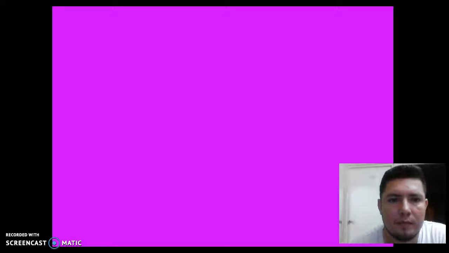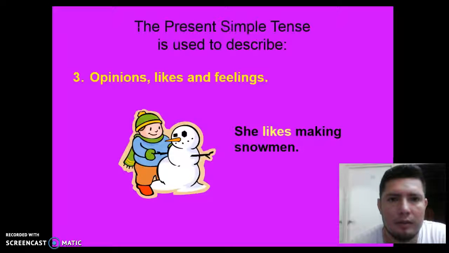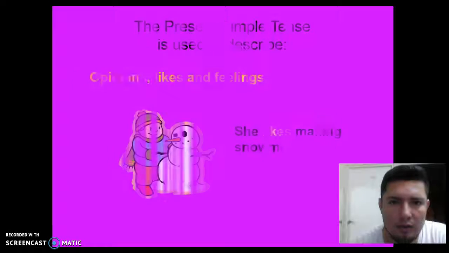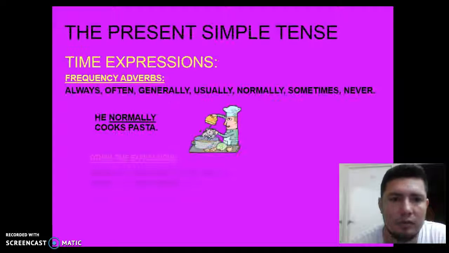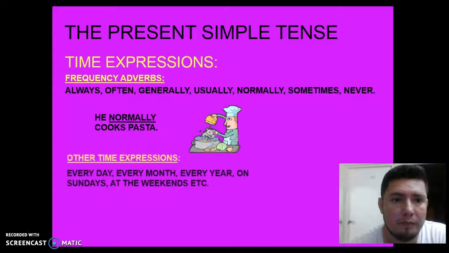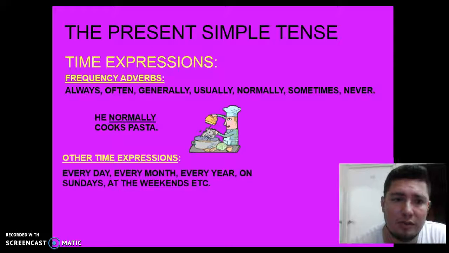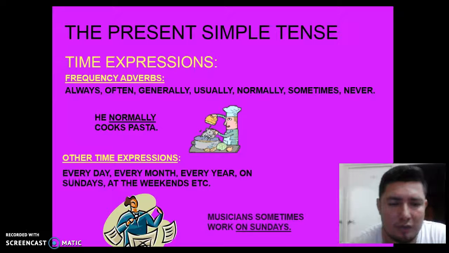And this part is the other exercises and examples. And it's very important that the students know these expressions and those frequency adverbs that I told you, and other time expressions that I showed them in the slide.